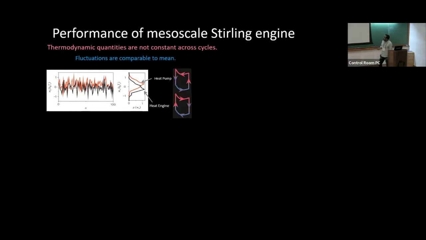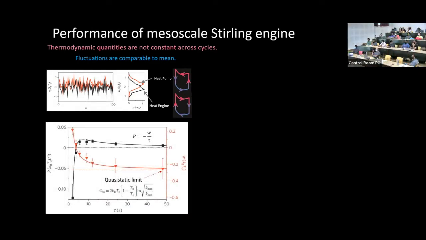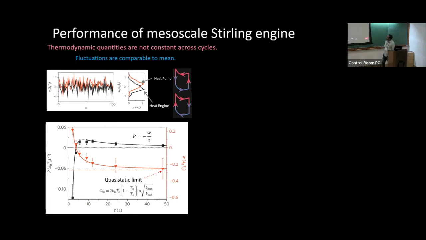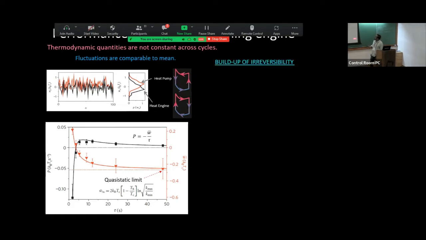Now, if you plot the average of these work distributions as a function of cycle duration tau, you see that the average work is highest in magnitude at the highest cycle duration. And as the cycle duration is reduced, the magnitude falls monotonically. Now, why does this happen? This happens due to the buildup of irreversibility during the isothermal expansion process.